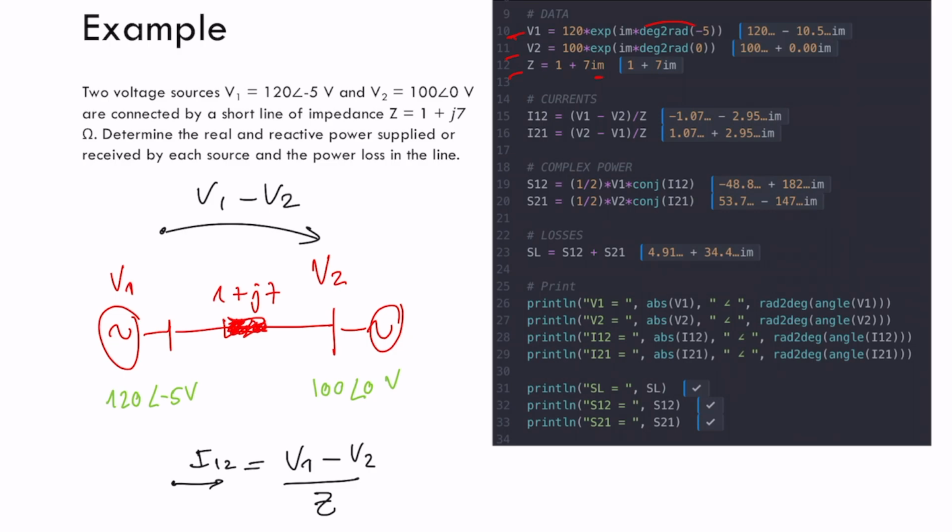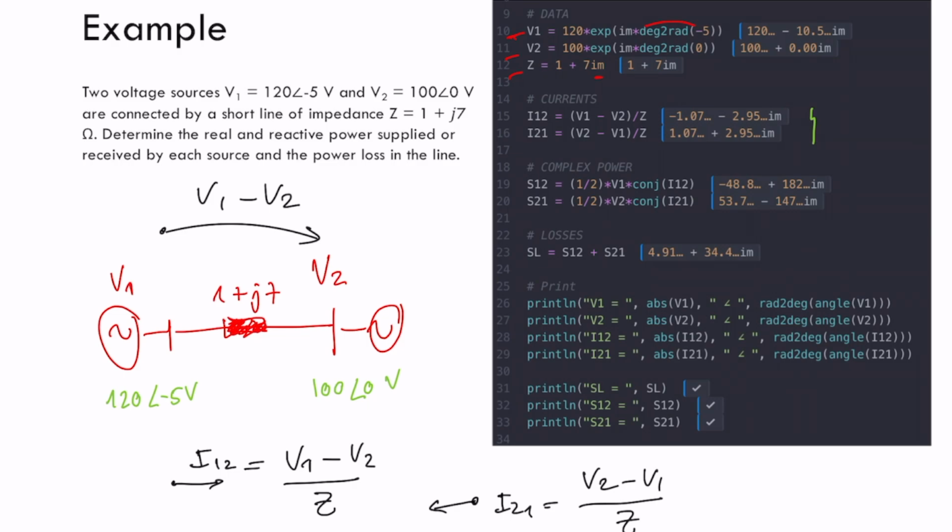We have something similar for the current that goes from 2 to 1, which will be B2 minus B1 divided by C. So these are the two other equations that I have here on this side. So I can compute B1 and B2.